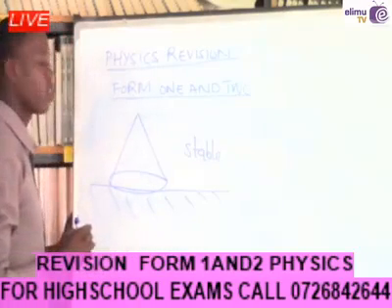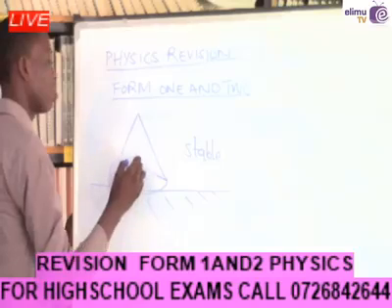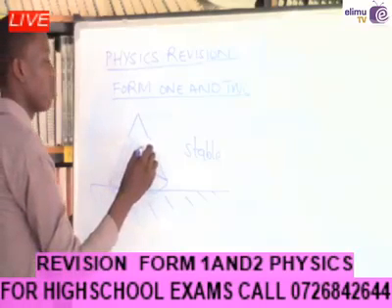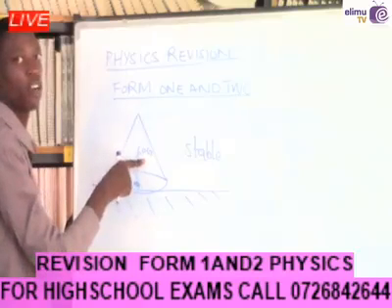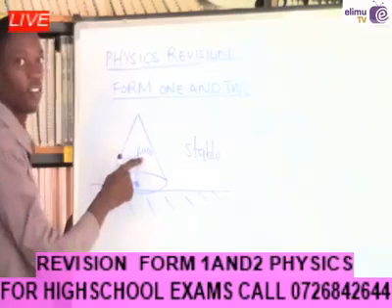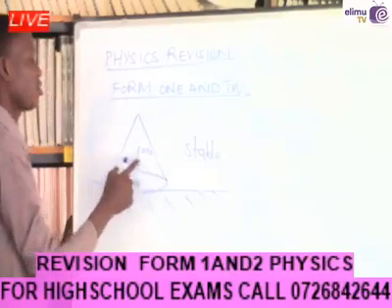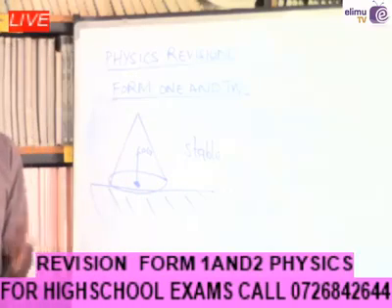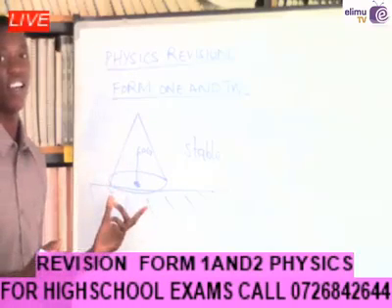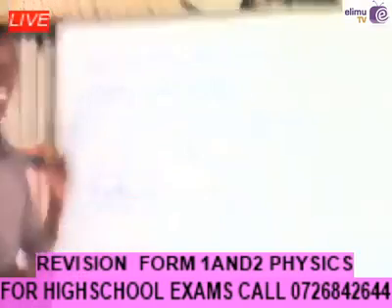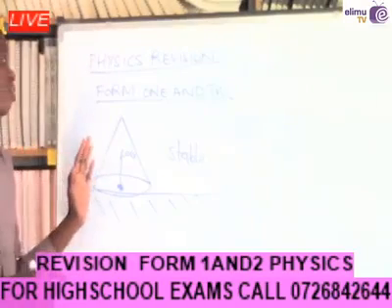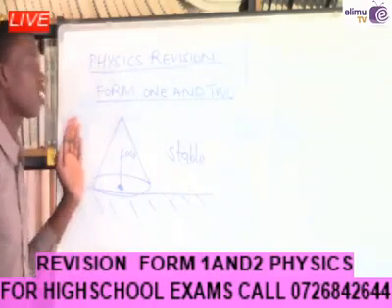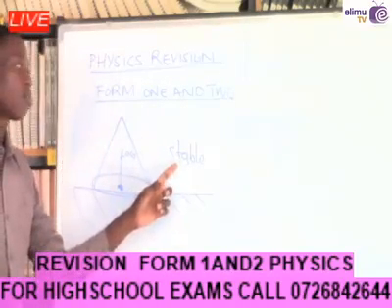It is in a stable equilibrium simply because at this point it is stable because what we call the COG, or the center of gravity, has been lowered. At this point the center of gravity has been lowered, and also the area of the base has been increased. So when we have a large area of the base and the center of gravity is lowered, then that body settles in that manner, so that we have what we call the stable equilibrium.